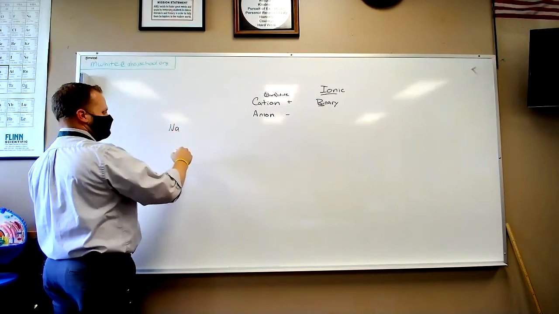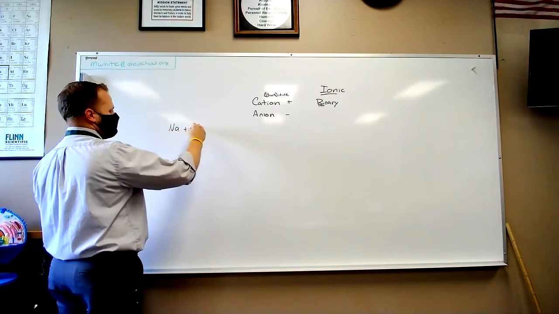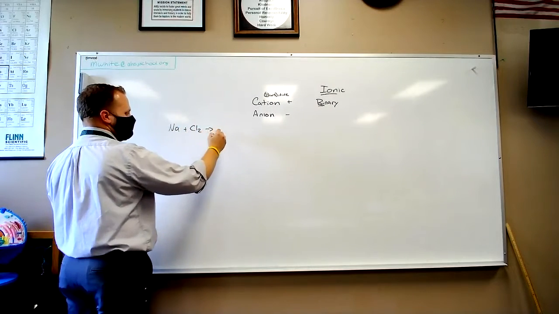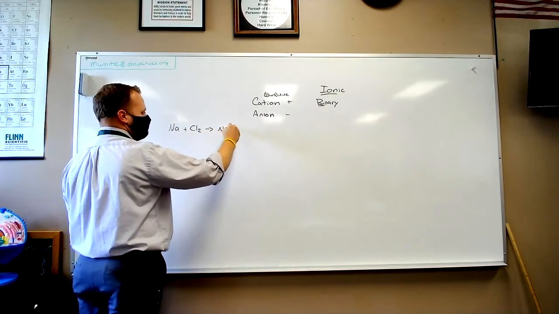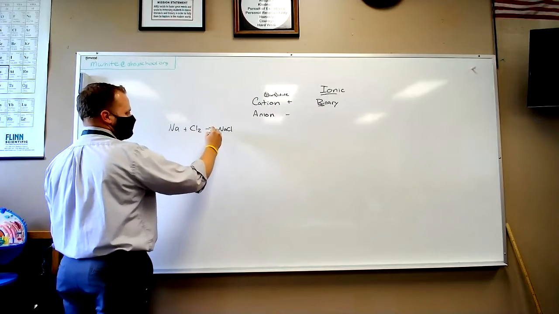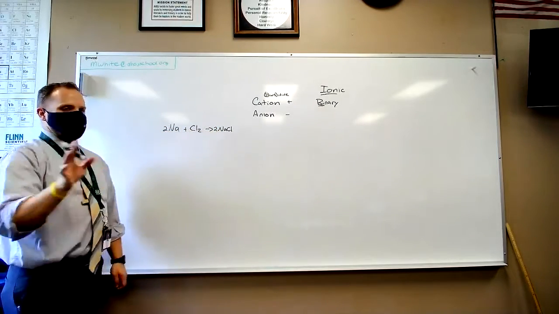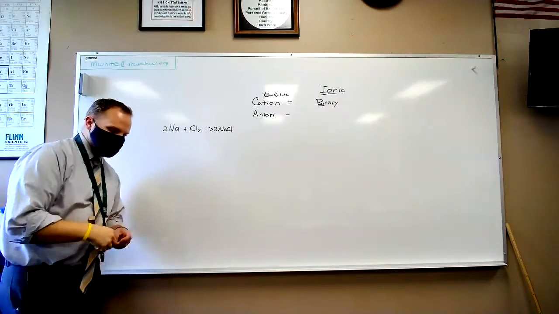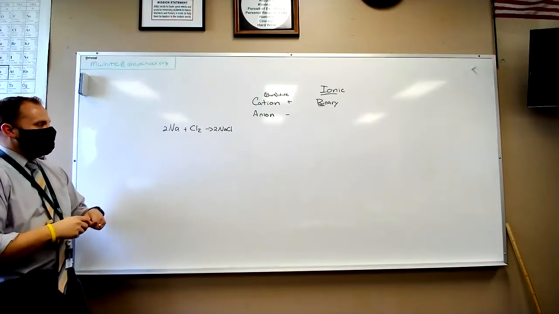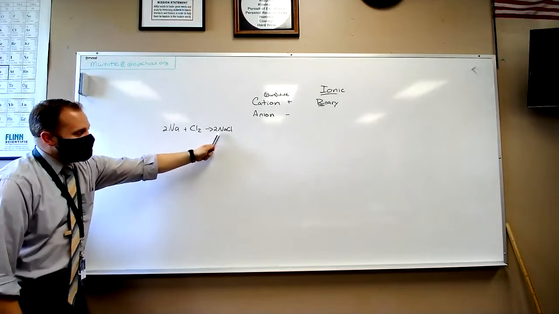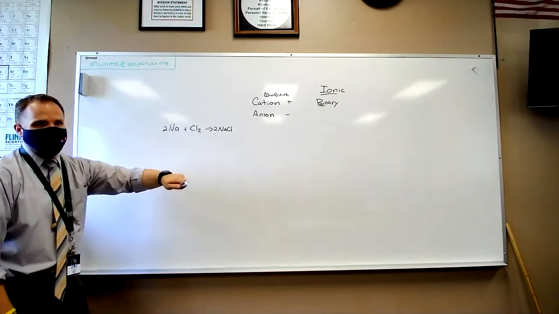So we have sodium metal plus chlorine gas. And it gives us sodium chloride. We do have to put those there for balancing. We haven't talked about balancing yet. We'll get to that. So, sodium plus chlorine gives us what's called sodium chloride.